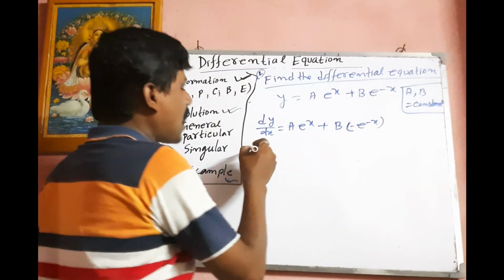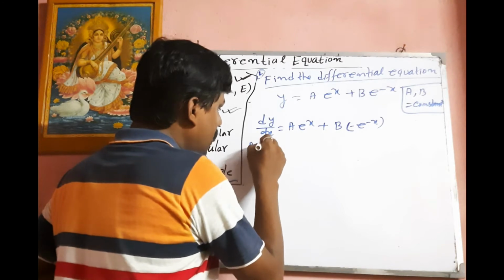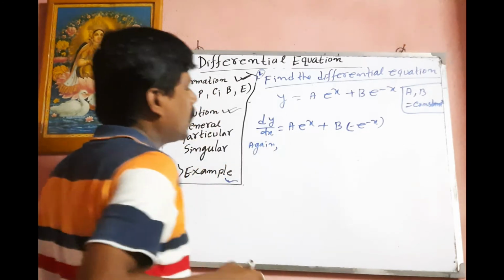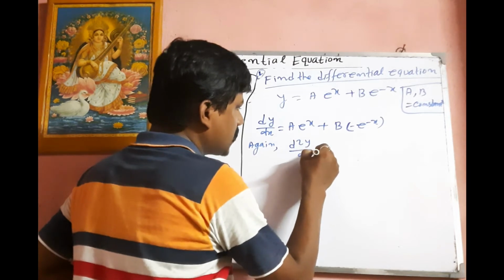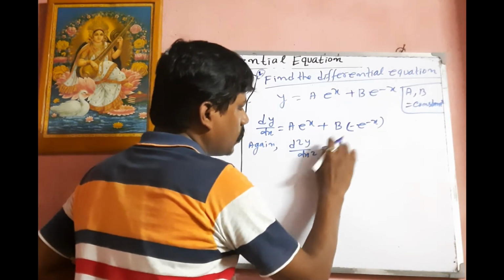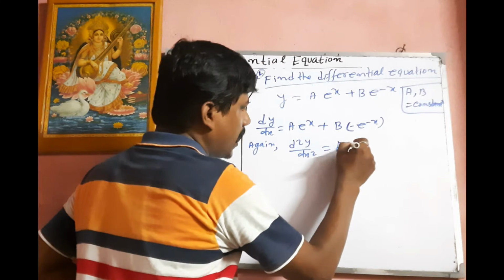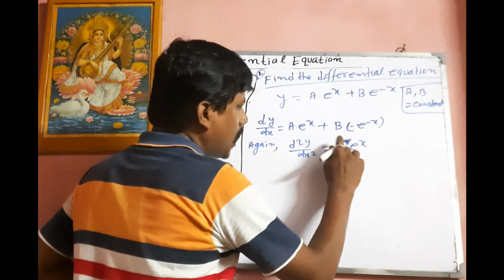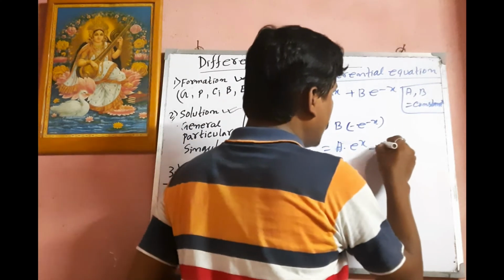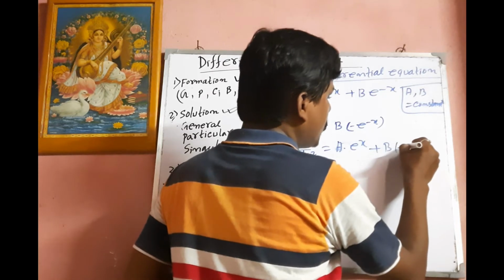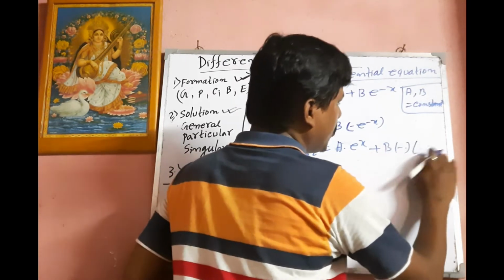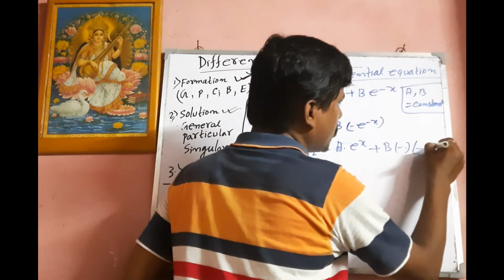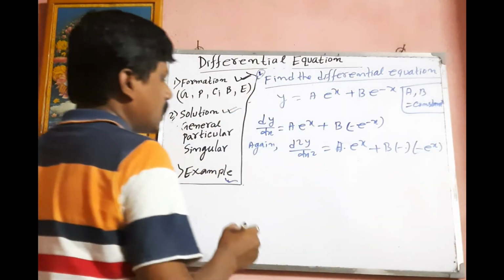Now again differentiating, we get d²y/dx² is equal to a, and we know that the derivative of e to the power x is e to the power x, and similarly the derivative of e to the power minus x is minus e to the power minus x.